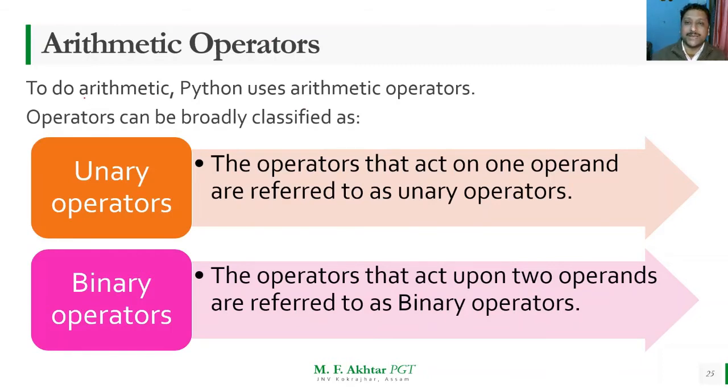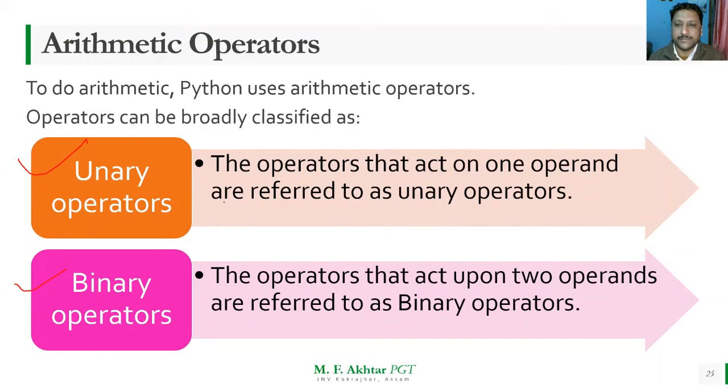To do arithmetic, Python uses arithmetic operators. Operators can be broadly classified as unary operators and binary operators. Unary operators are operators which can handle one data item at a time, and binary operators are those which work on two data items at a time.